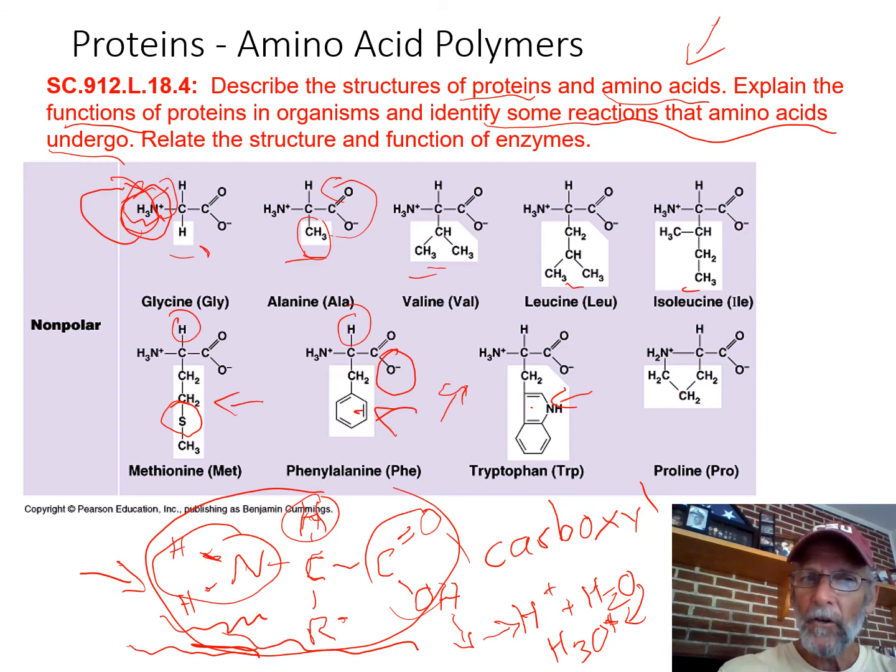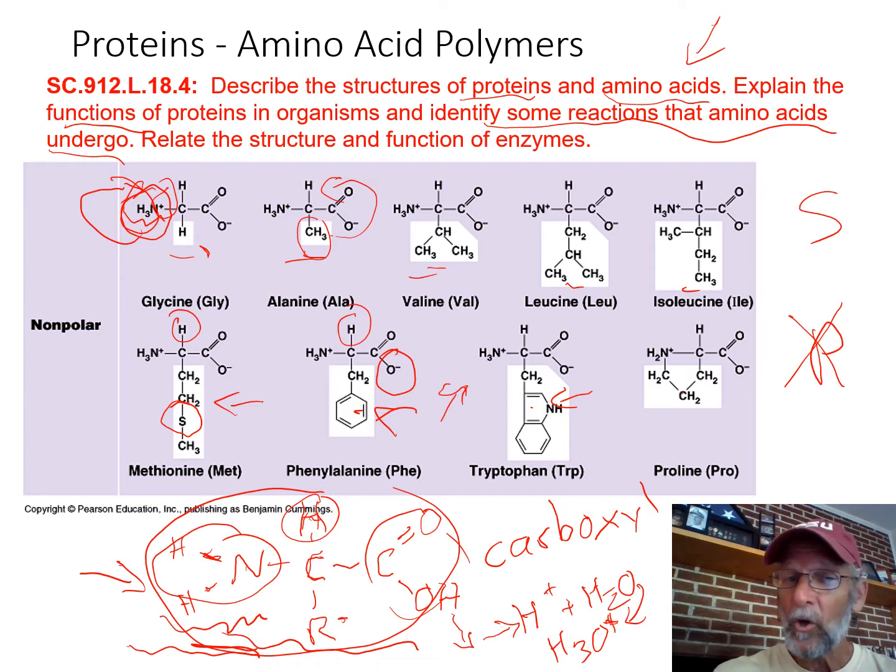So here's another aspect about proteins. Proteins can, and most of them do, have sulfur in them. Only a few of the amino acids have sulfur, but your average protein is made of hundreds of amino acids, and so it's likely they're going to have sulfur. Here's another thing about proteins. They don't have phosphorus in them. If you see phosphorus, as you already saw, it might be a phospholipid, or as we're going to get to it, it might be a nucleic acid.